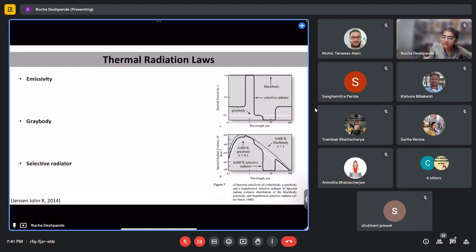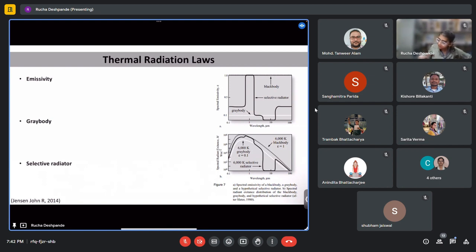Okay, so now we have the concept of emissivity. Before, we saw Stefan-Boltzmann law and Wien's displacement law, everything with respect to a black body. But in the real world, no objects are like a black body, right? So they will not emit at the highest possible rate, but their rate of emission would be slightly lower than that of the black body.